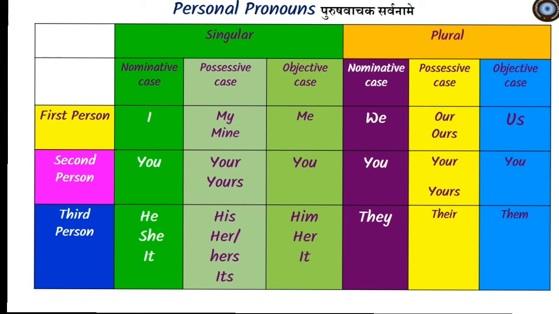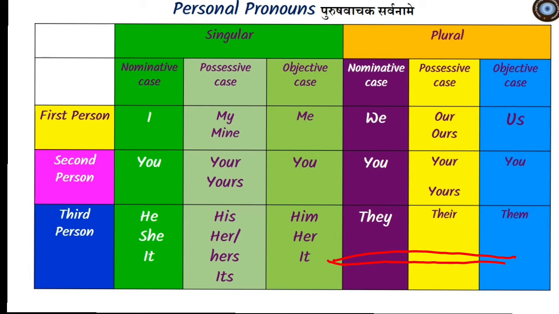Then we'll see the plural form. Nominative case first person we, its possessive case is our or ours, and its objective case is us. In second person, nominative case you, possessive case your or yours, objective case you. Then third person plural: nominative case they, its possessive case is their, and its objective case is them.